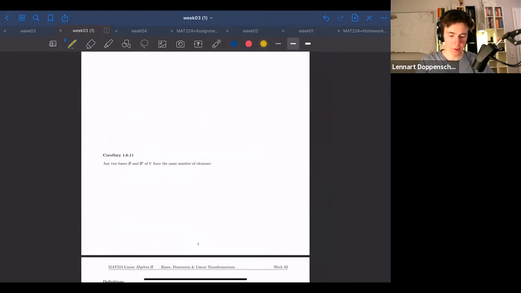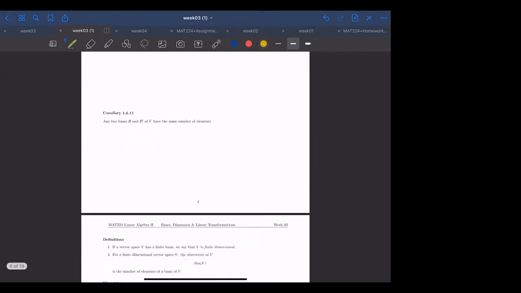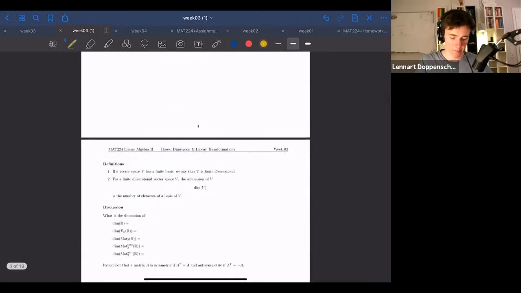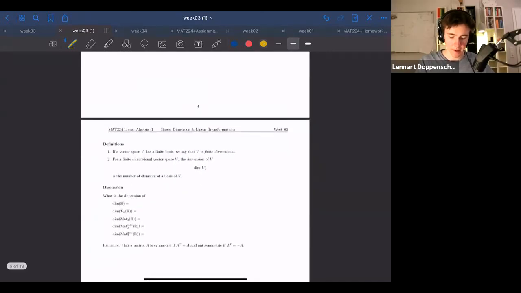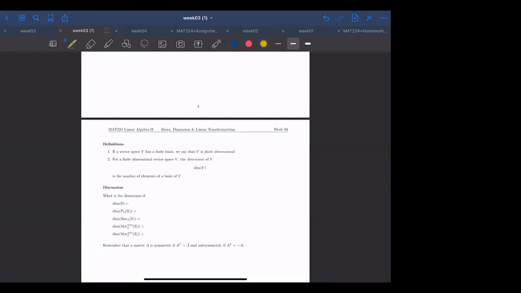There was a corollary last week, and it said that any two bases, beta and beta prime, of a vector space have the same number of elements. Without this, we couldn't define the dimension as the number of basis elements, because there are many bases, but the thing that they have in common is the number of elements.